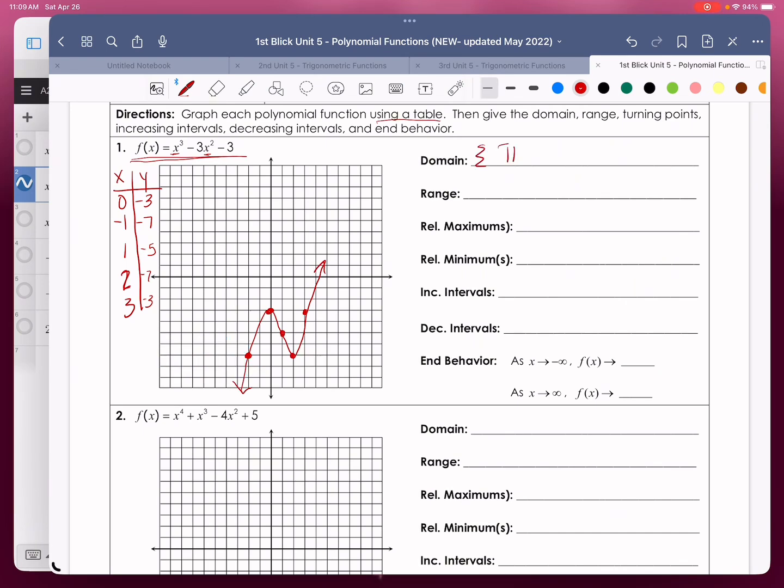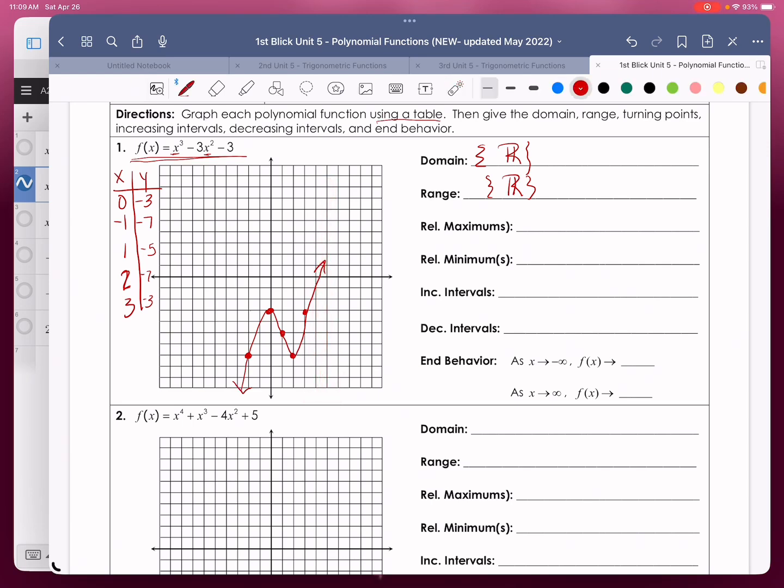Well, that's going to be your set of real numbers. Overall, this graph is covering everything from x to y because it's going this way and it's going that way. All right, your range is the same way. Set of real numbers, because overall it's going to go all the way up and all the way down.